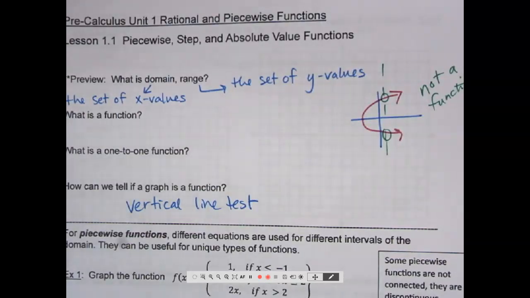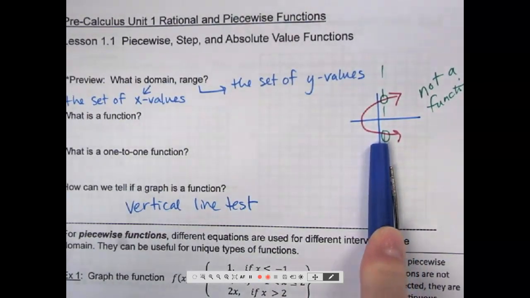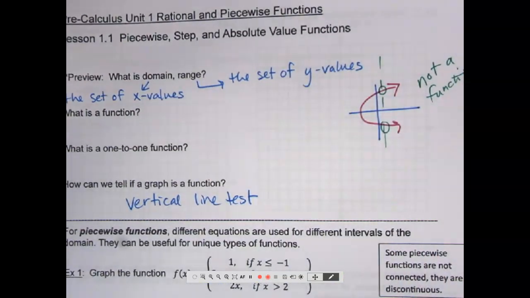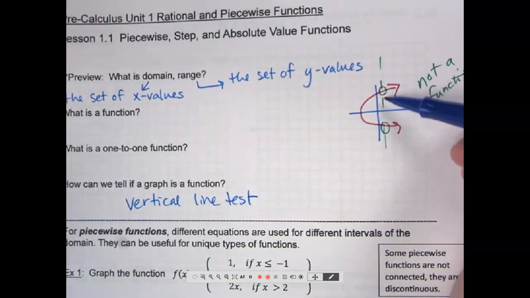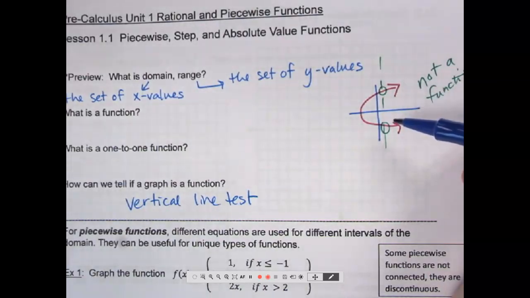That's definitely not a function, right? But every other line is. So it could be a graph of something such that what? That's how I would tell with the vertical line test. But the fact that it intersects twice means what happened? I had two X's that were the same.